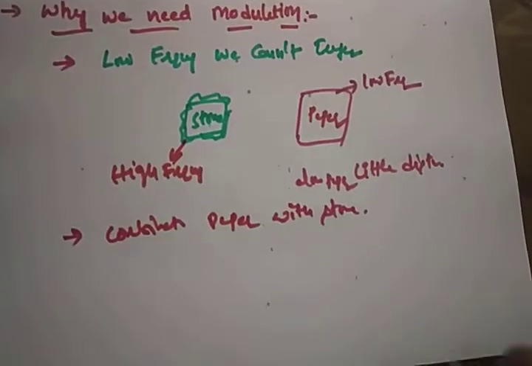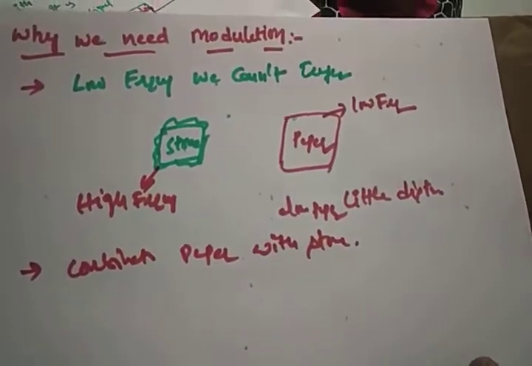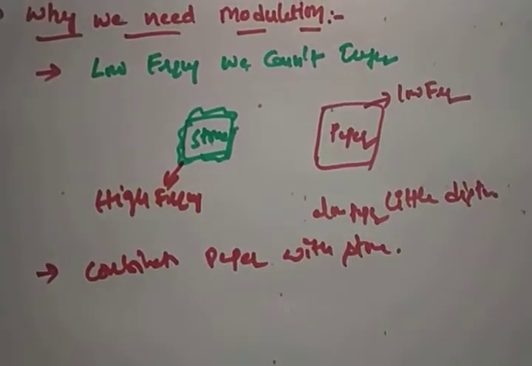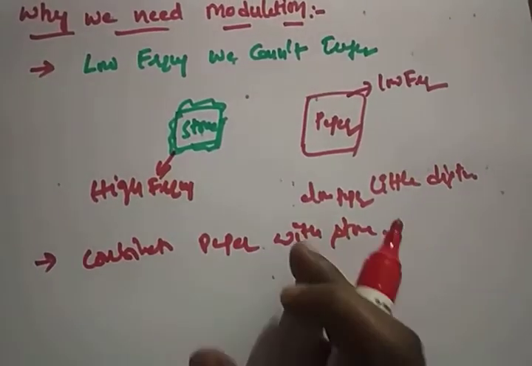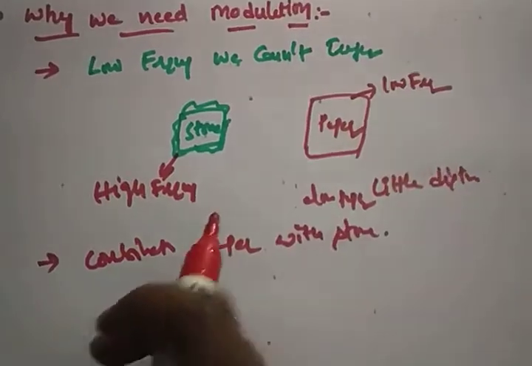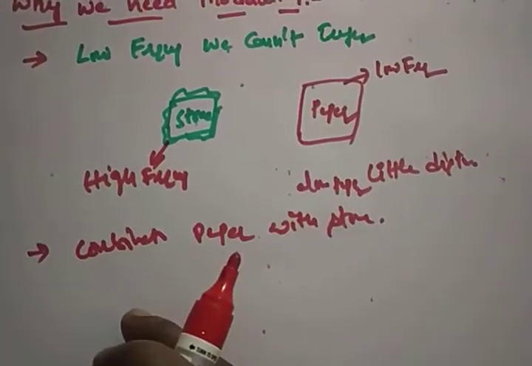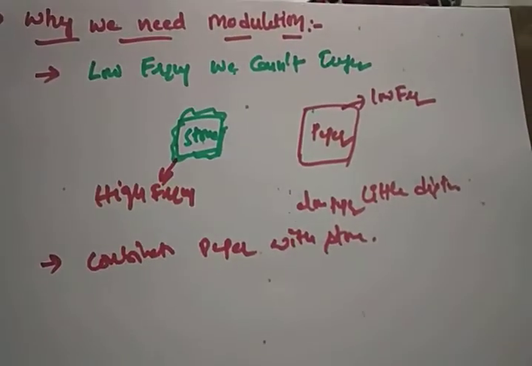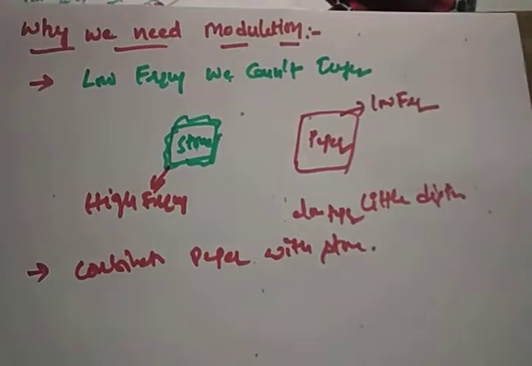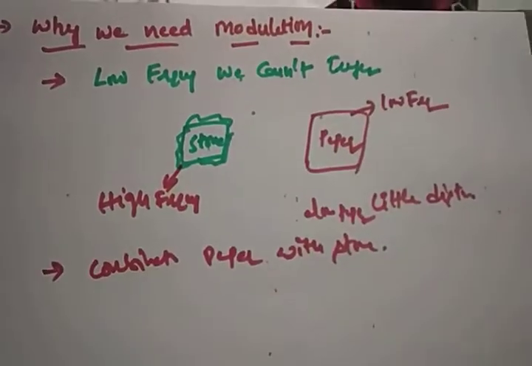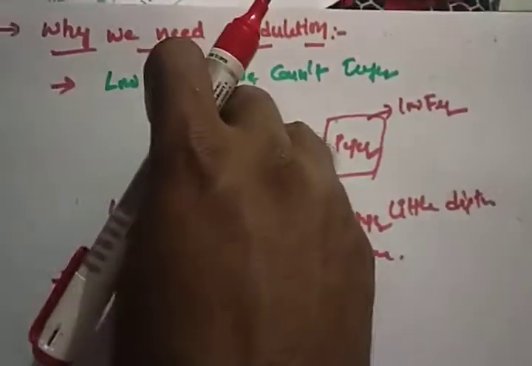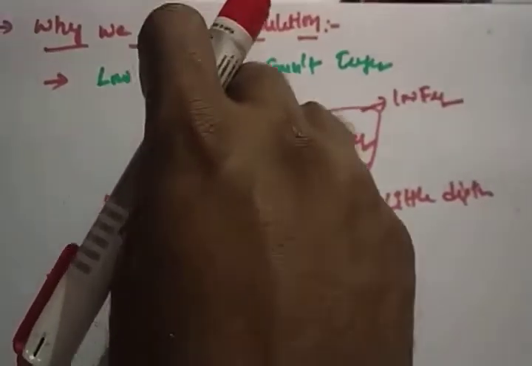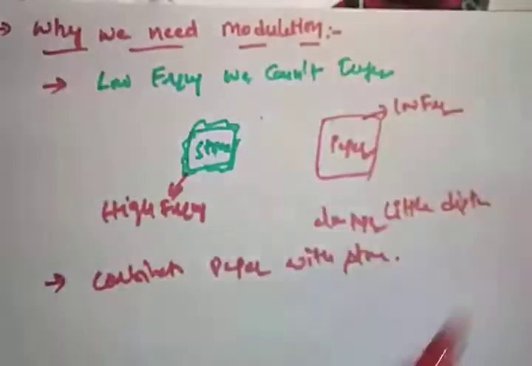I hope it's clear from this example itself, right? The paper alone we can transfer because it has very little weight, like a low frequency component. The stone has high frequency components; if we wrap the paper around the stone, we can transfer for large distances. That process we can call modulation. So what is this stone? Stone is a high frequency signal, so that is called a carrier signal.